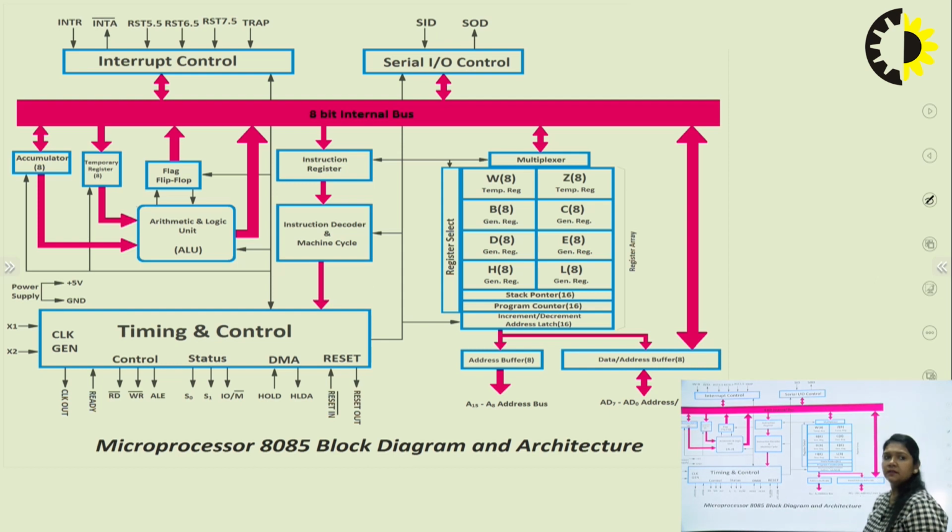So this is the block diagram of the 8085 microprocessor, which we have discussed here also. There is a multiplexer.